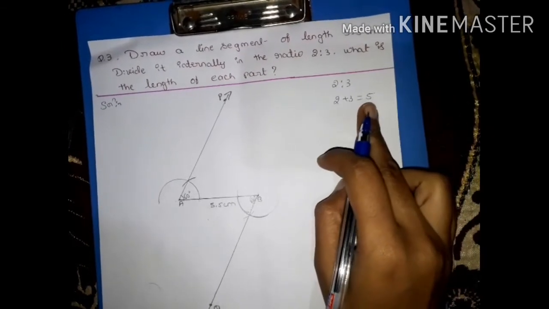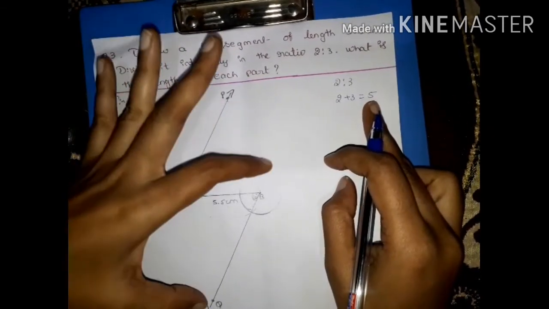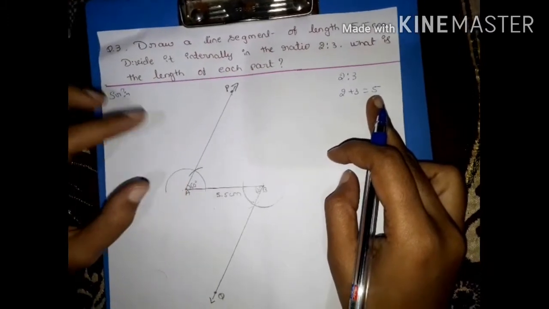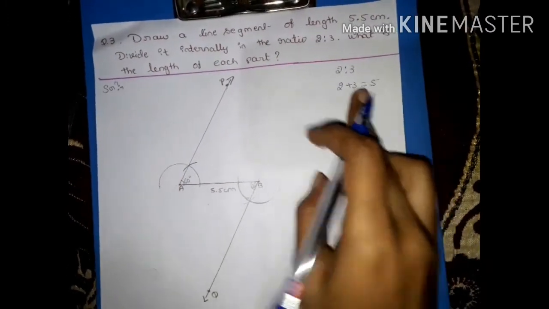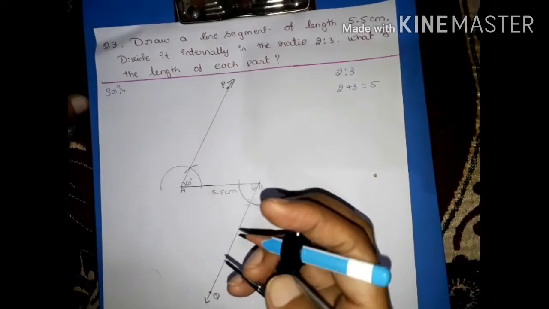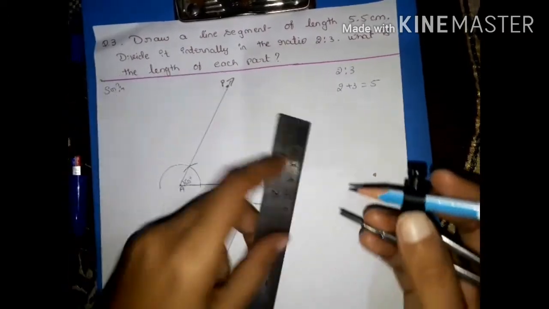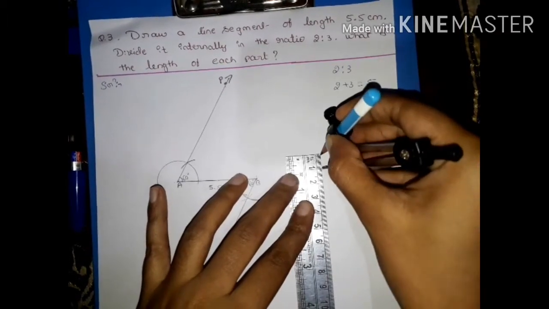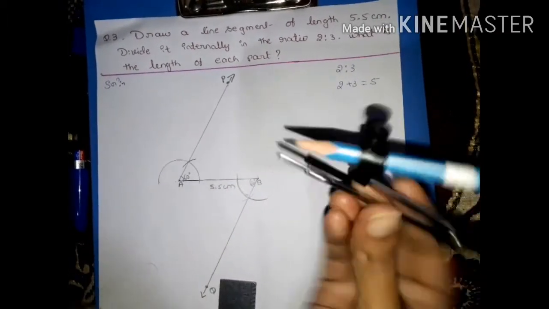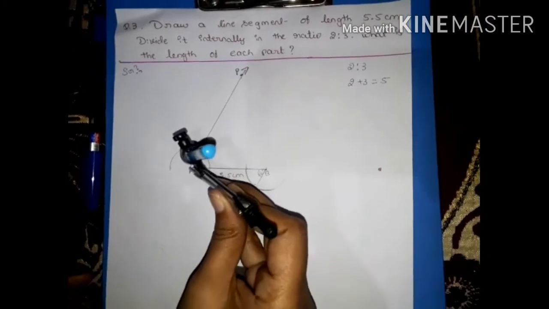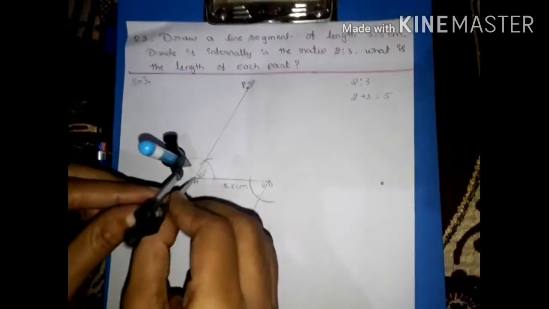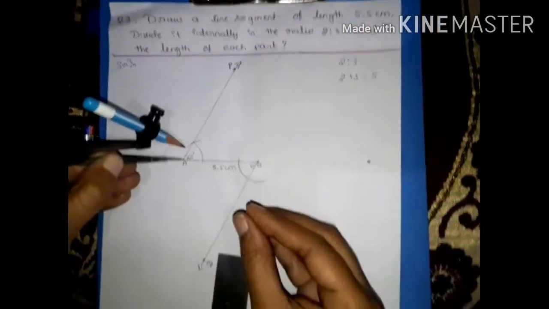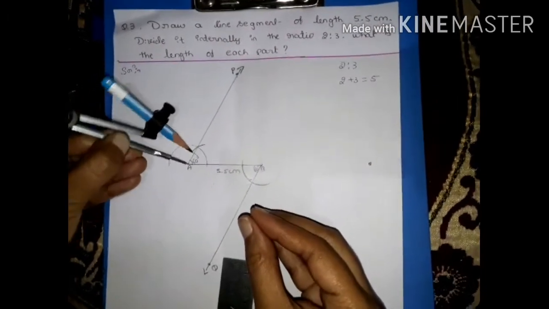You have to divide AP and BQ into 5 equal parts by taking an equal measurement, here 1 centimeter I will take. Without changing the measurement, you have to cut 5 equal parts on AP and also on BQ.